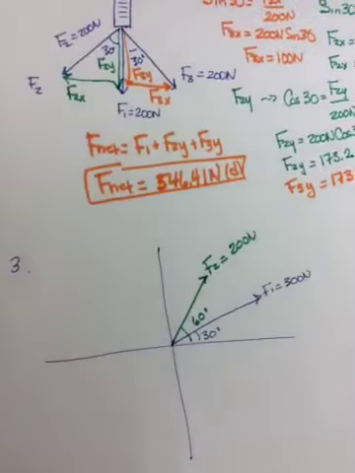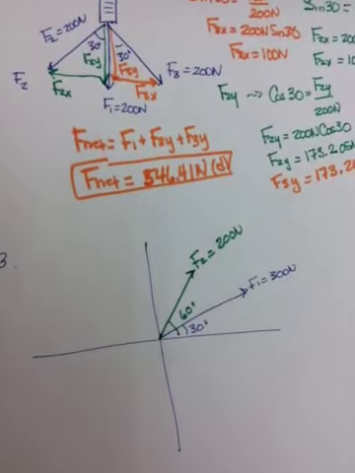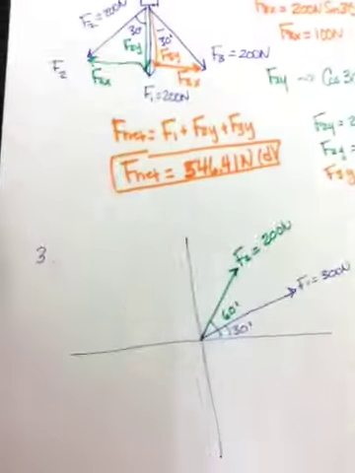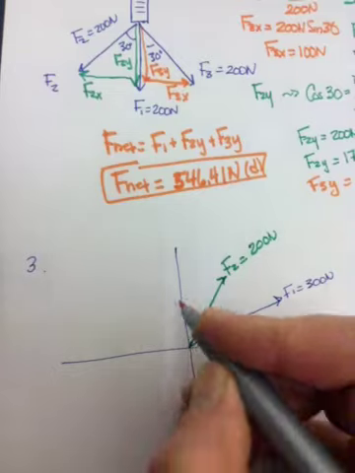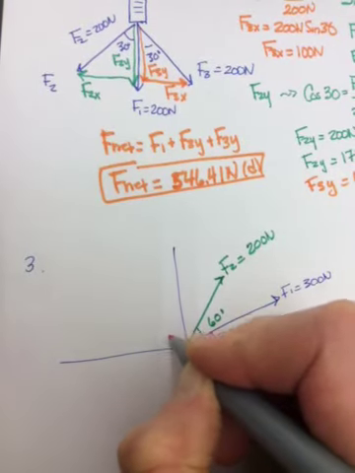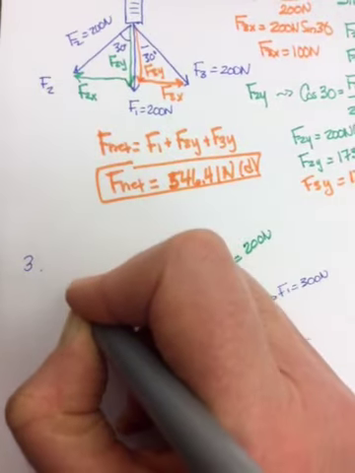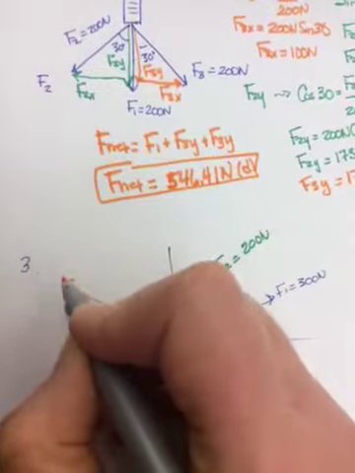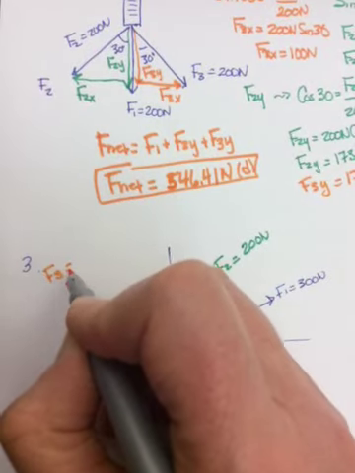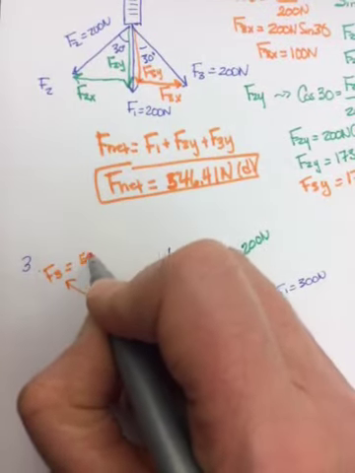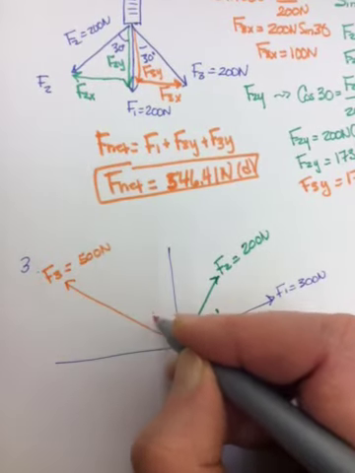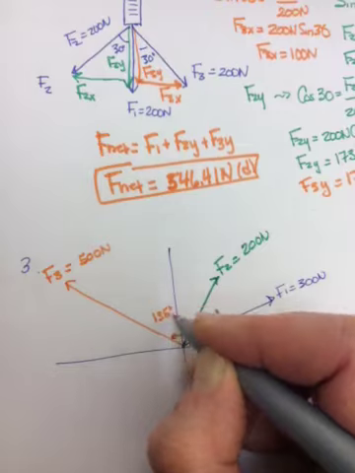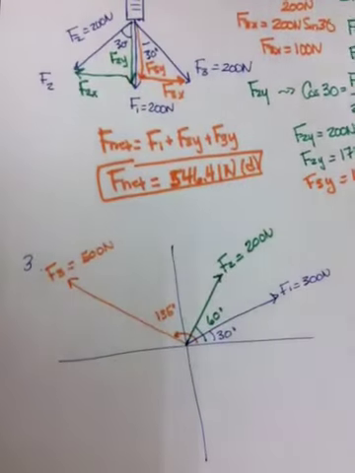Okay, where'd my orange go? F3 is 500 newtons, 135 degrees, so 90, 135 is going to be in here. And this is F3, and it's 500 newtons. And this whole thing is 135, which means the little part of it there is 45.